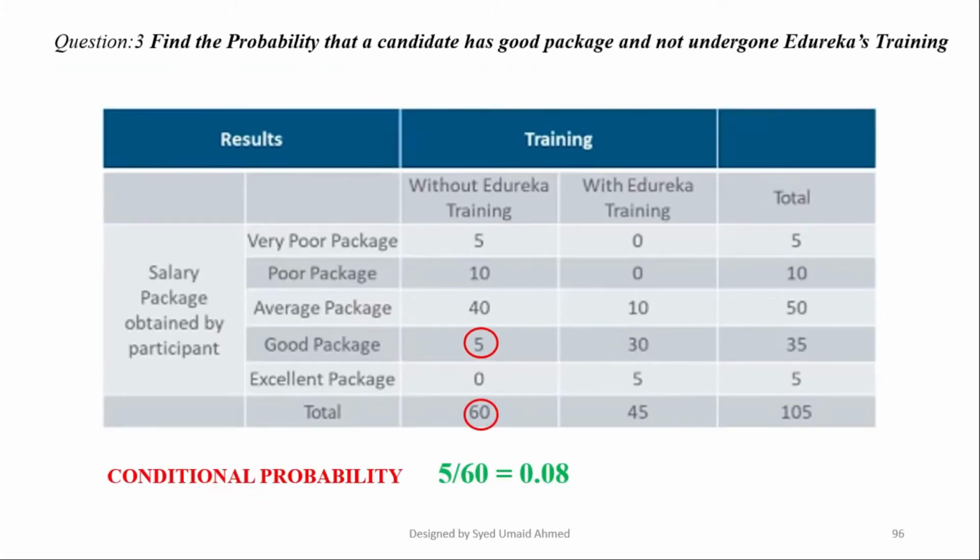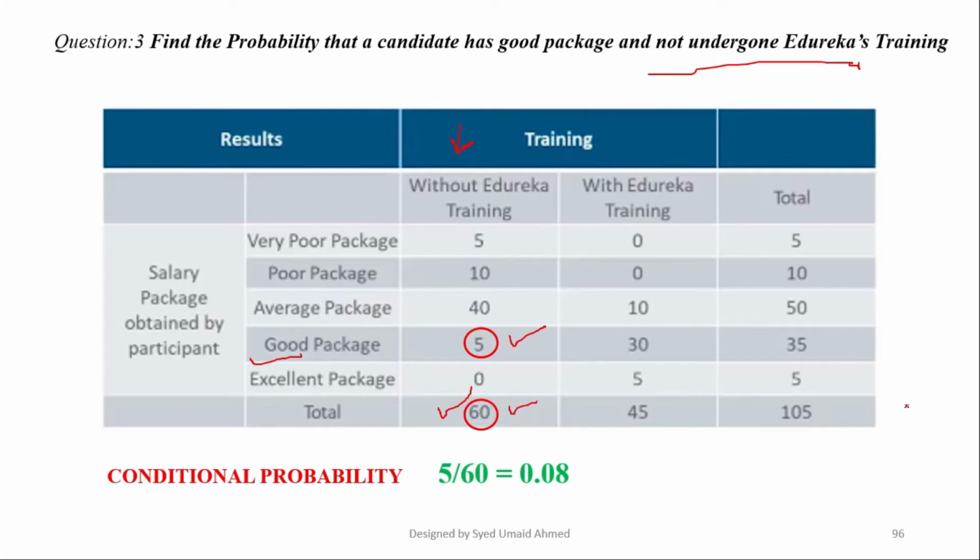The third question is find the probability that the candidate has a good package, and the condition is that he has not undergone Eureka's training. So the candidate has a good package, this column is here, and he has not gone to Eureka's training, this column is here. So there are 5 candidates, and it is saying not undergone Eureka's training. So the total candidates who have not gone under Eureka's training are 60.